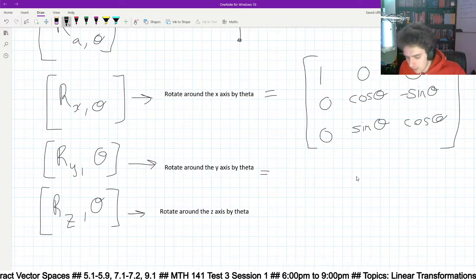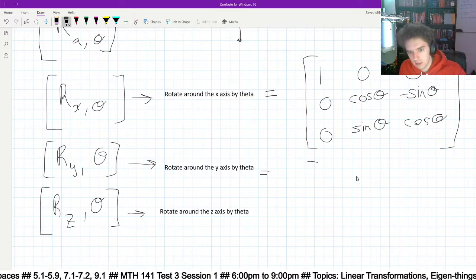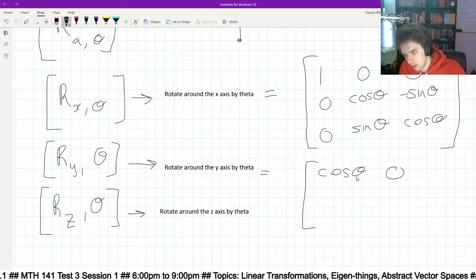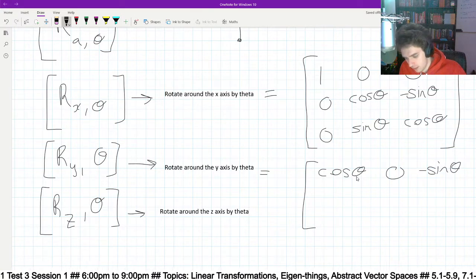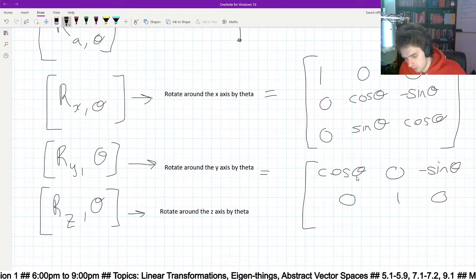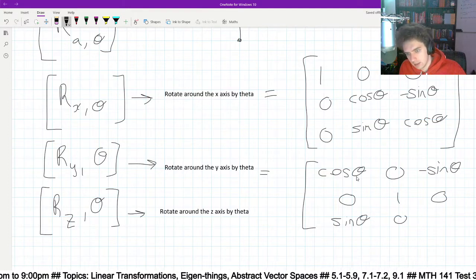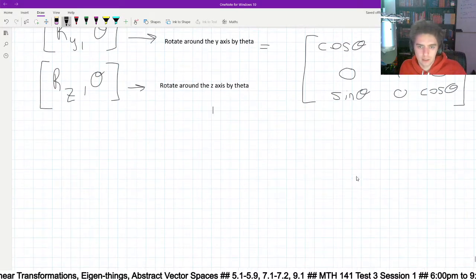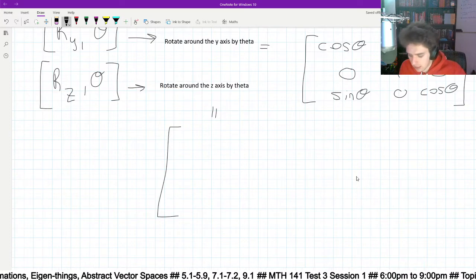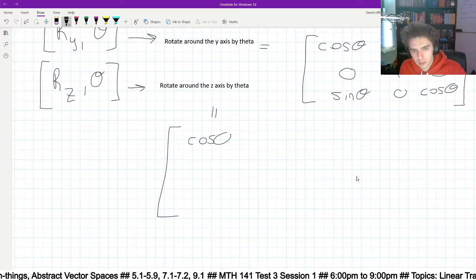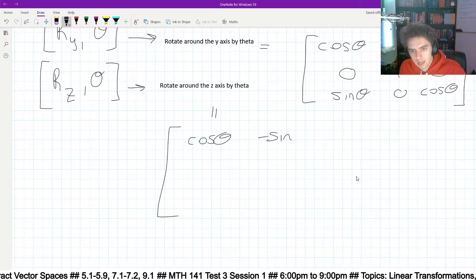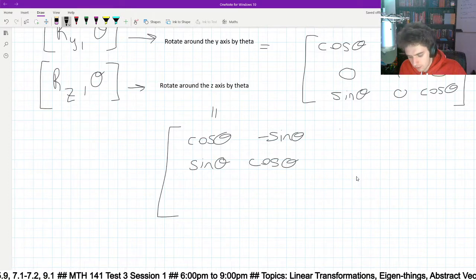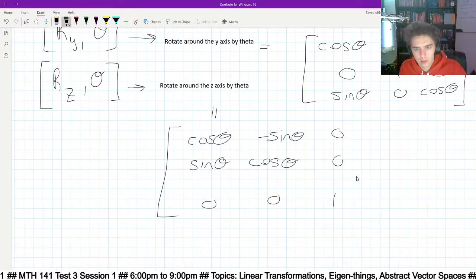To rotate around the y-axis by theta, it is cos theta, 0, sine theta, then 0, 1, 0, then negative sine theta, 0, cos theta. And finally, for rotate around the z-axis by theta, it is cos theta, negative sine theta, 0, then sine theta, cos theta, 0, and 0, 0, 1 along the bottom.